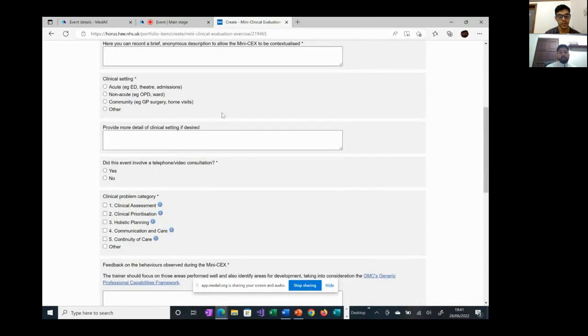So if I'm clerking a patient in, and I'm assessing them, taking history, examining, seeing what we need to do for them, that's a clinical assessment. I would log that in the clinical assessment section as a mini KEX and get a senior to sign it, as long as they've been with me while I'm clerking.